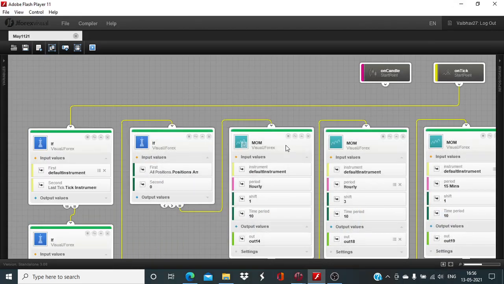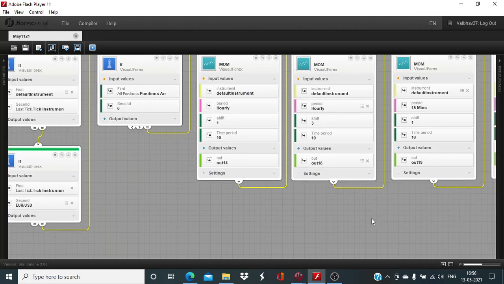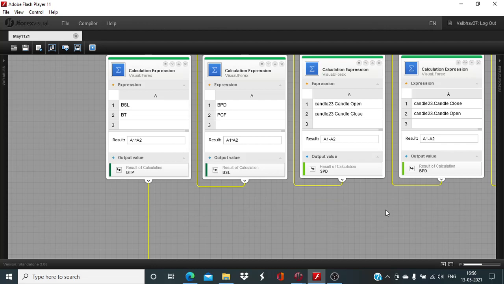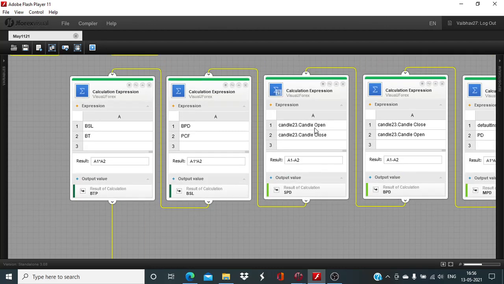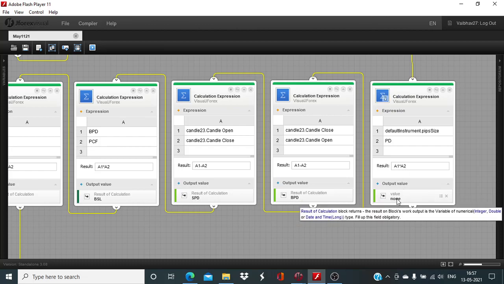So we now come back to the Visual JForex board, and for this session we have this calculation in place where we have taken into consideration the last 15 minutes candle open and candle close difference, and as we need the momentum to be on the bearish side, we need the last 15-minute candle's closing value below the opening value, and the difference should be more than 5 pips, which we have defined here.